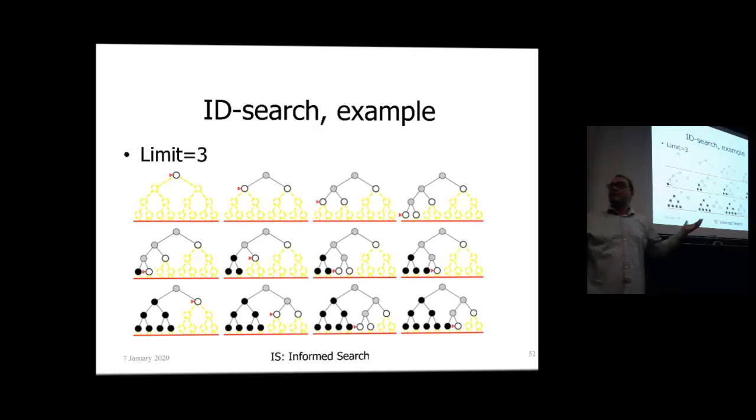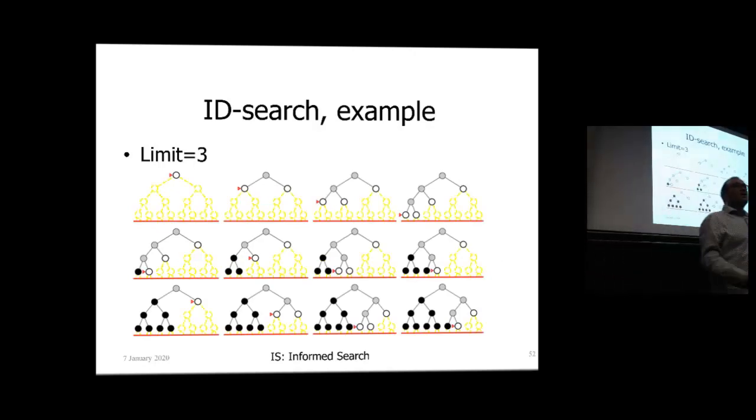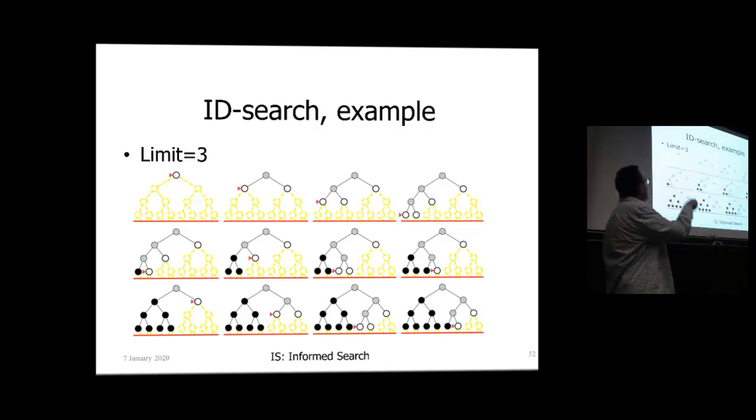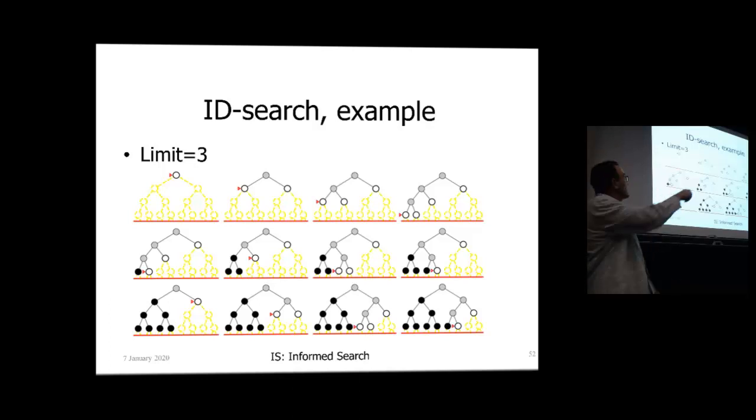And we do it again. If we haven't found the solution for level 3, we throw everything away and we start again from scratch. So basically now it's limit 3, and we do depth first search, which gets us down to this node. We do the backtracking, and then we go step by step from the left-hand side until we've expanded with depth first search up to level 3 everything.